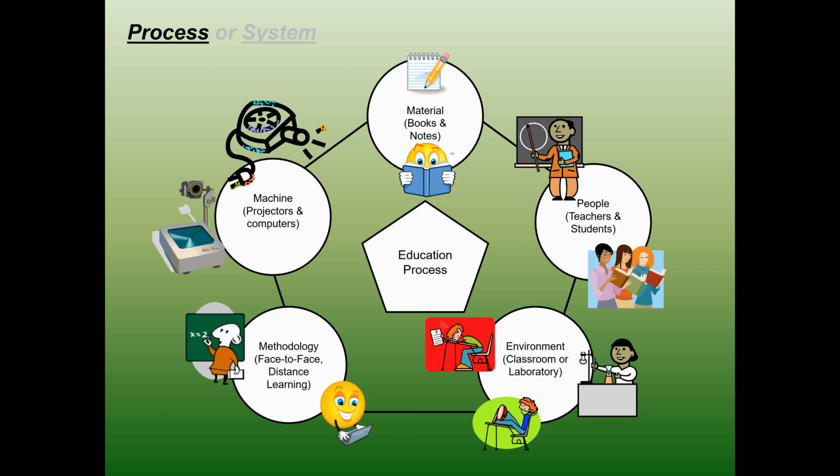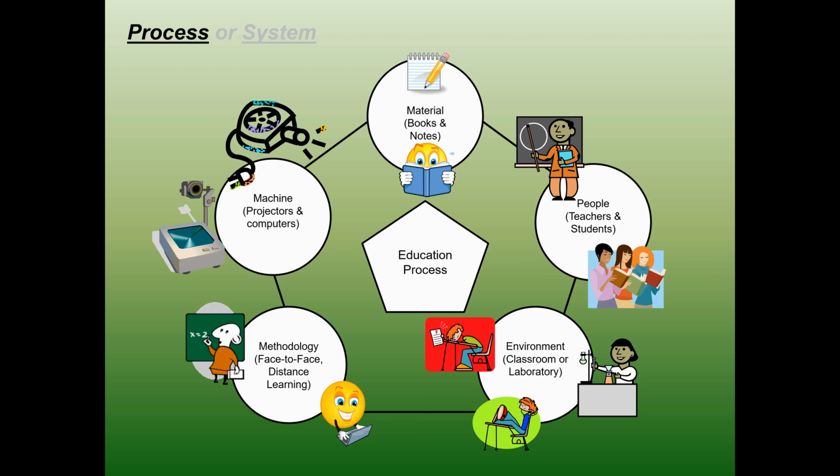So if I'm talking about the education process, I should be talking about people being teachers or students, environment being a classroom or online as we're doing now, material being books or notes, machine being projectors or computers, methods meaning face-to-face versus online or e-learning.